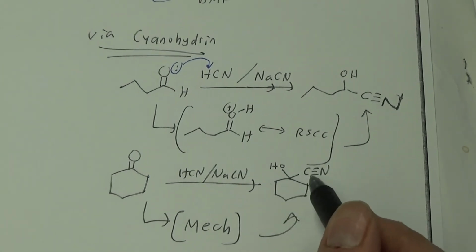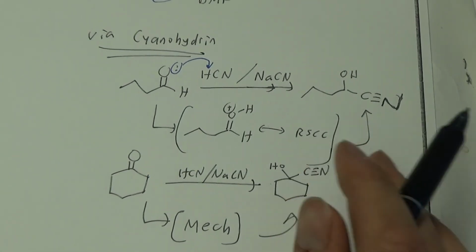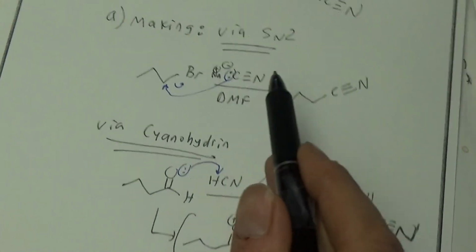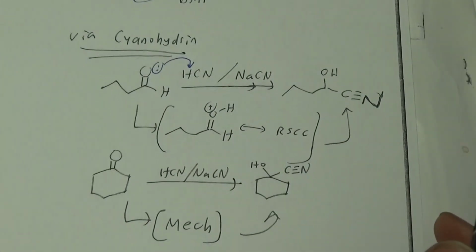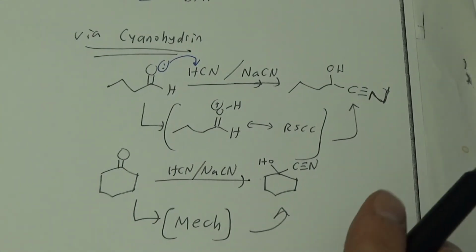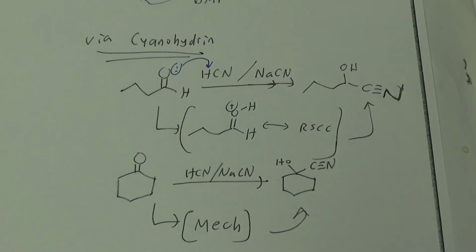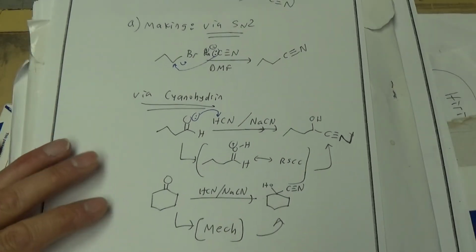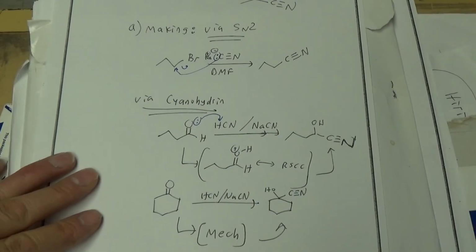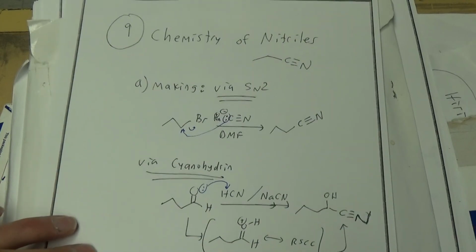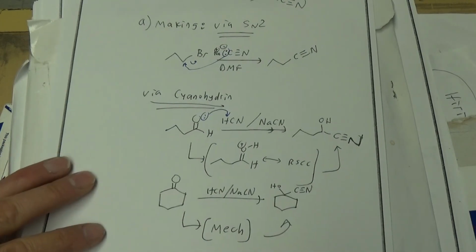So cyanohydrins are just nitriles with an OH group on them. So we have a couple ways to make nitriles. Alright, so next time we'll do the reactions of nitriles, which are actually really easy. It's nothing too crazy. We're basically done with this chapter now, and we'll just finish up next time, and then we'll jump into, I think, the next chapter, which is amines.